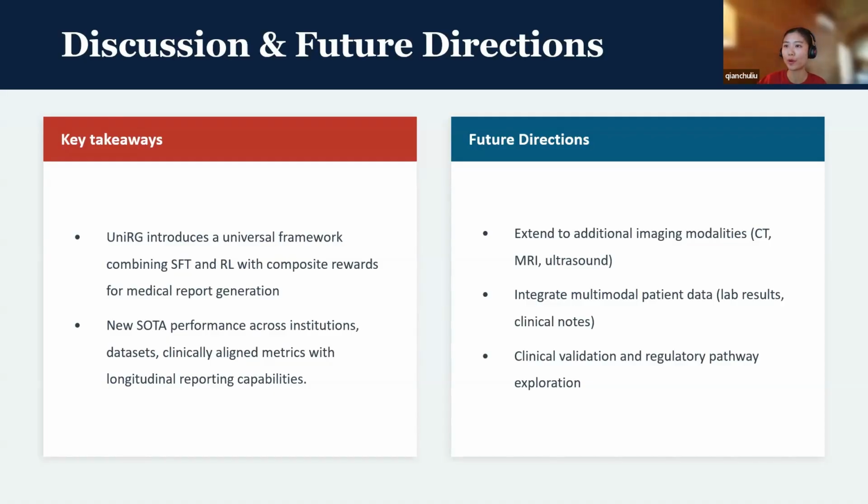And throughout the process, we're able to train a model that achieves new performance across different institutions and datasets in unseen settings. And we're able to produce optimized clinically aligned metrics and reduce clinical errors. And very importantly, we can allow a model to do longitudinal.